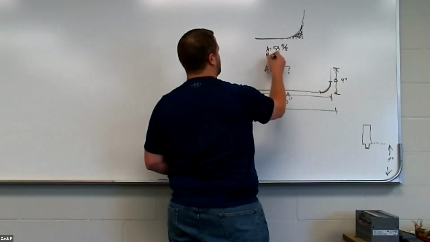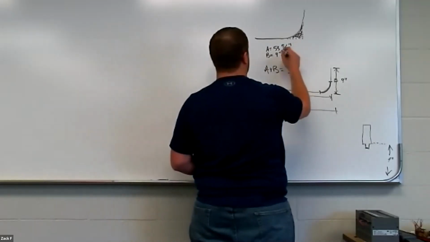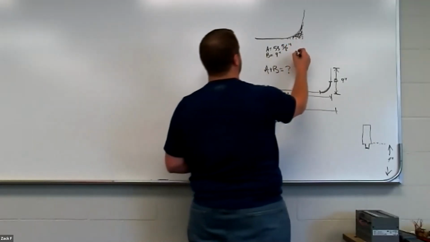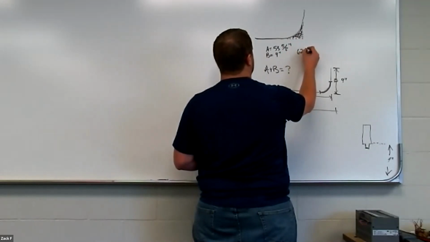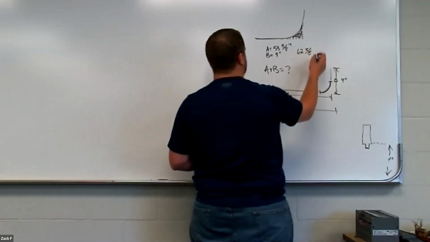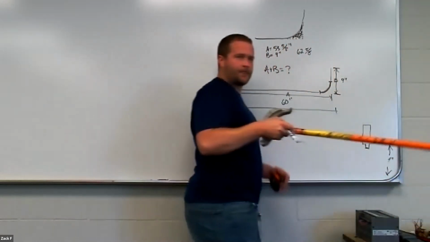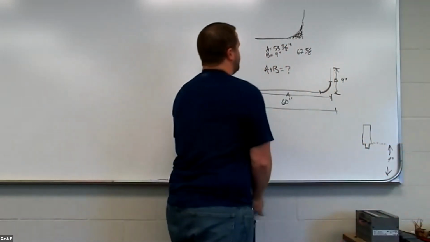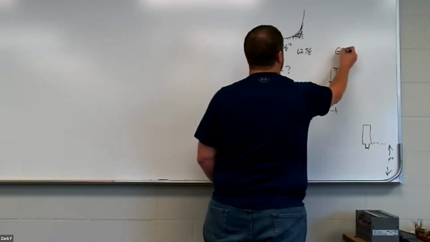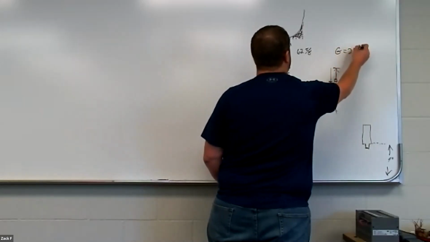B is 9. So add those together and you get 62 5/8. So what is the gain for this bender on stub 90? 2 5/8. 2 5/8 inches. Right, so gain is going to be 2 5/8 inches.